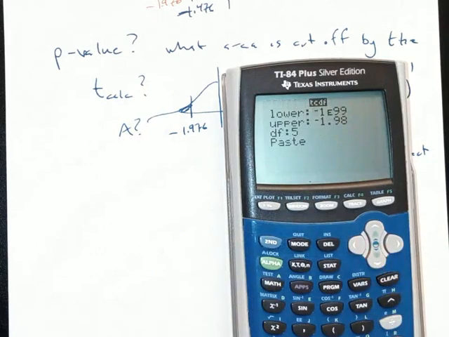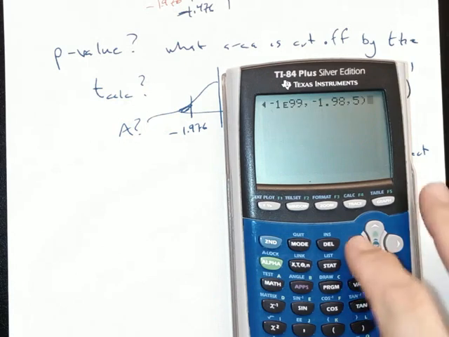It says go all the way from the left up to negative 1.98 because we're doing a left tail. Yes? So that 1E99, that's negative infinity as far as this calculator is concerned. Go up to 1.98, and then I put in my 5 degrees of freedom. I hit enter here.